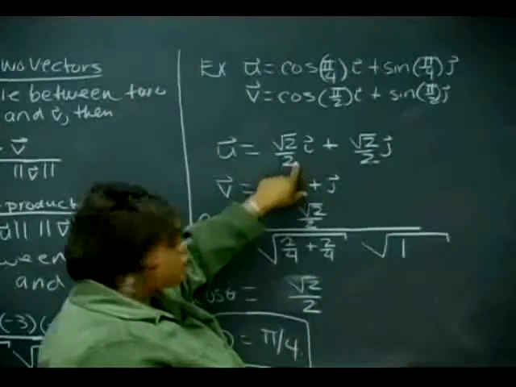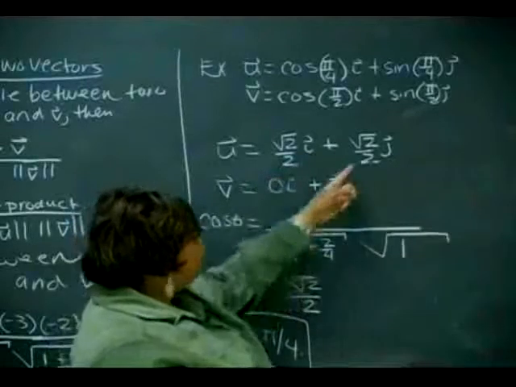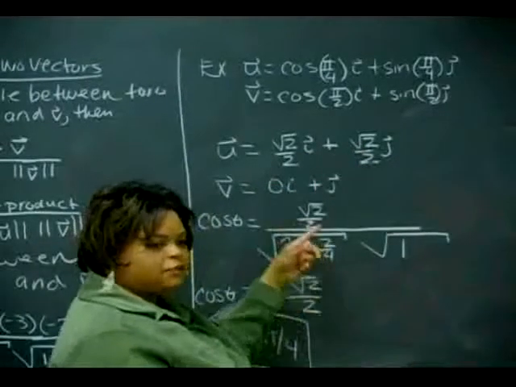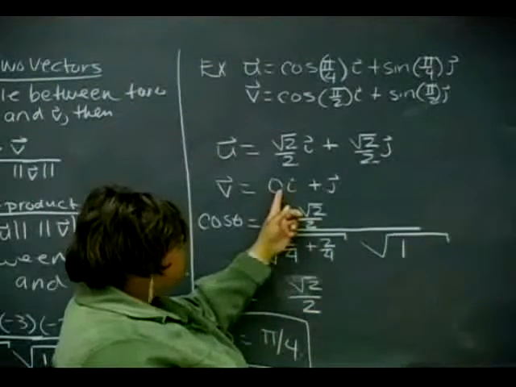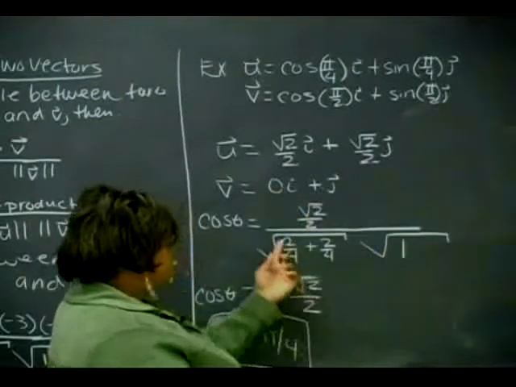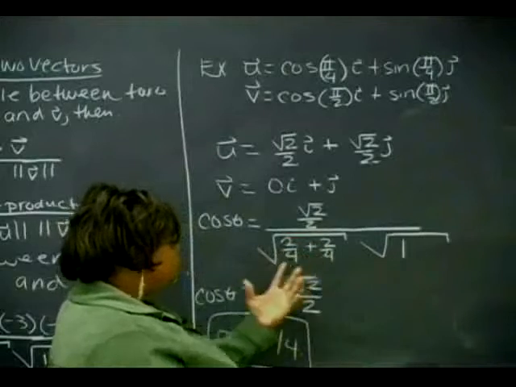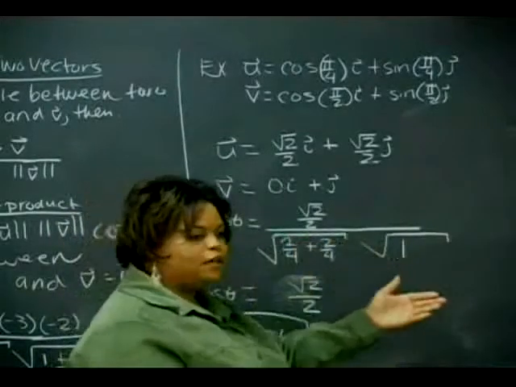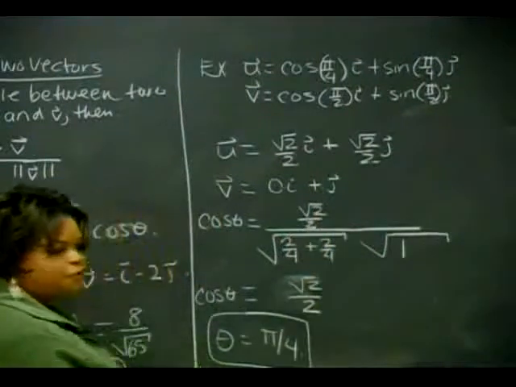When I square 2, I get 4, so that's 2 over 4. If I square this again, I get 2 over 4. I square 0, I get 0. I square 1, I get 1. So 2 fourths plus 2 fourths is 4 fourths, which is 1. Square root of 1 is 1. So my whole denominator is 1, and I'm left with my numerator, which is square root of 2 over 2.